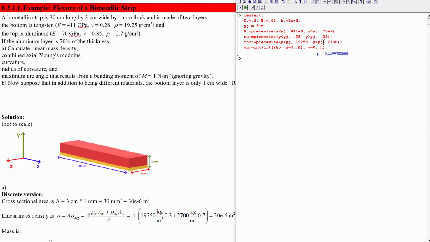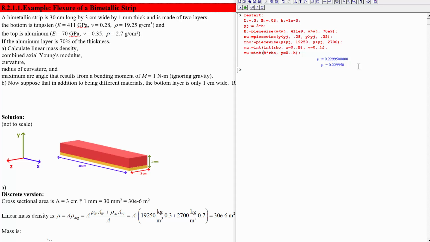Since none of the parameters depend on the Z value, we could instead set up an integral that just multiplies by the width and then only integrates with respect to Y. That's fine too. This is also like integrating with respect to area, keeping in mind that we don't have any dependence on Z. So whatever way you like, this one's fine too.